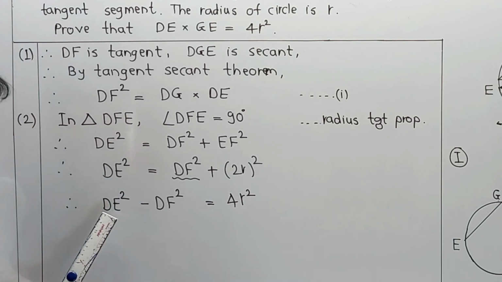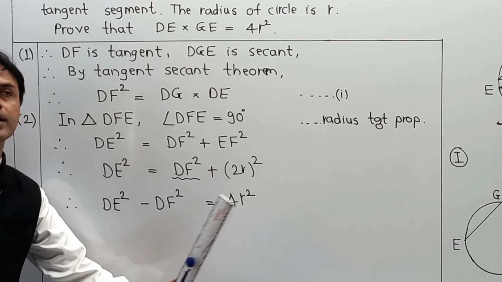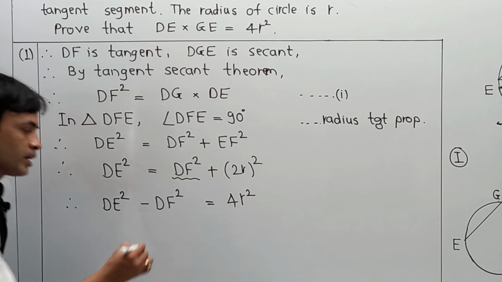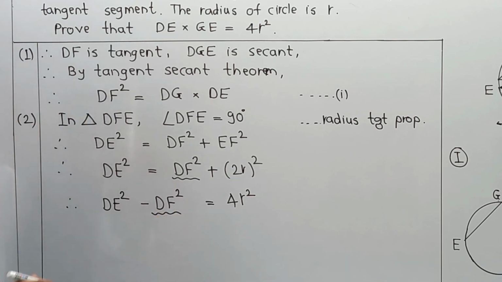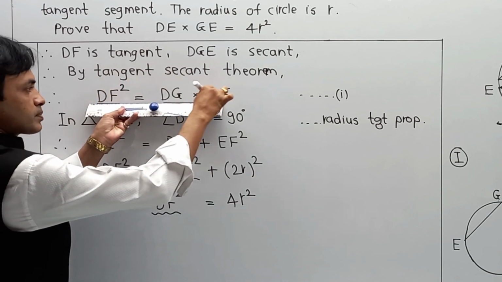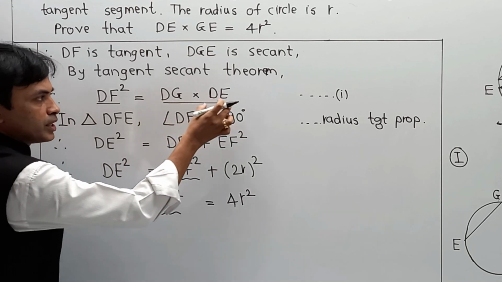Now remember, our step has reached DE square minus DF square is equal to 4r square. Now DE square has no known value, but DF square has a value, and that we have obtained in equation 1. We know that DF square is equal to DG into DE.